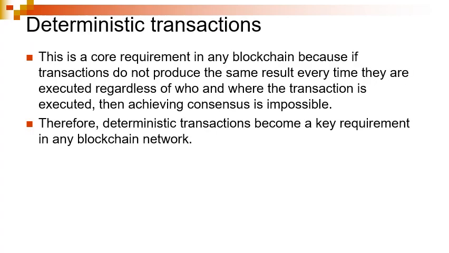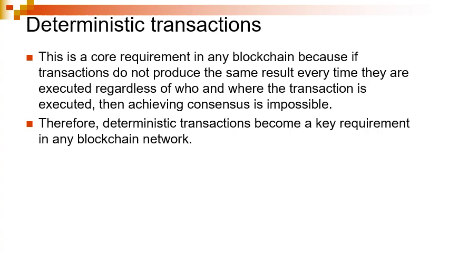Then deterministic transactions. Deterministic means if we execute the transactions at different times, they should produce the same result. If we execute the transactions on different machines, the result should be the same on every machine.